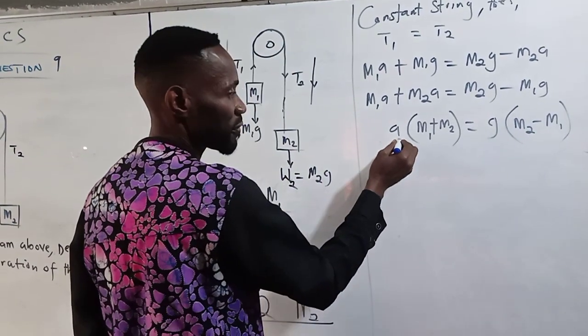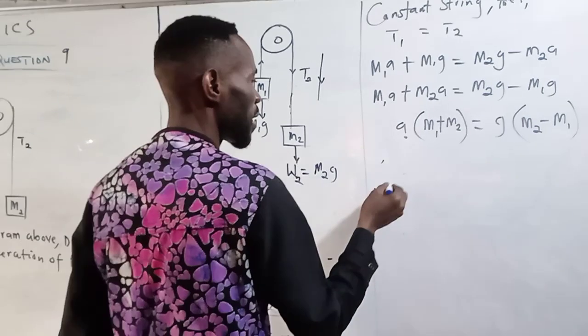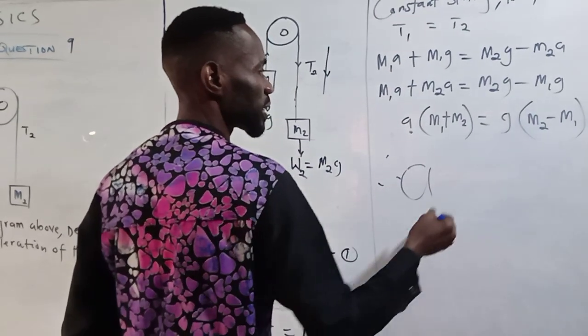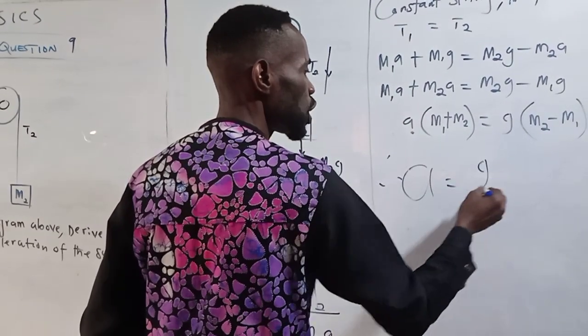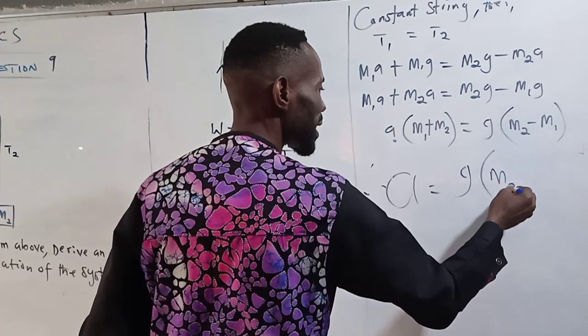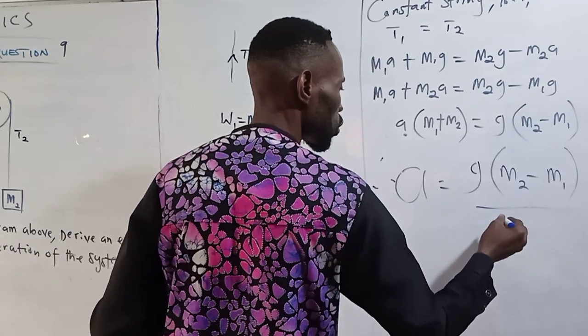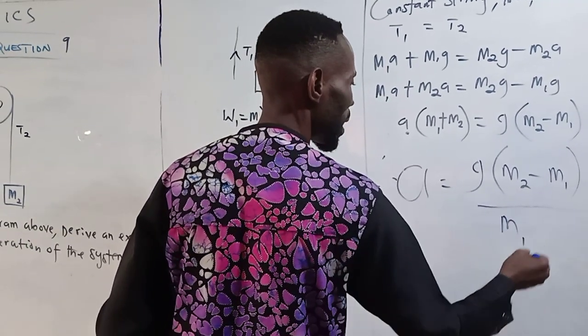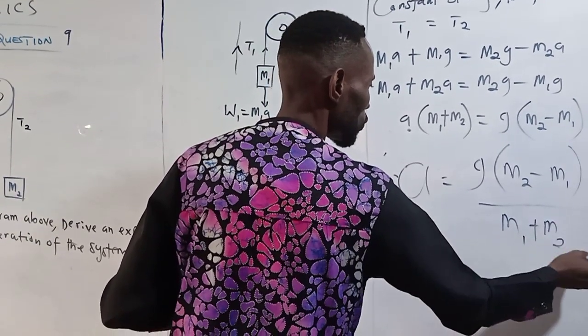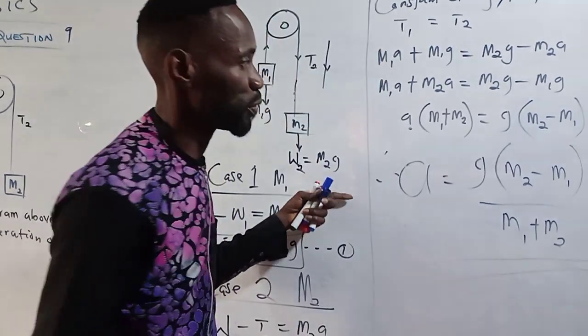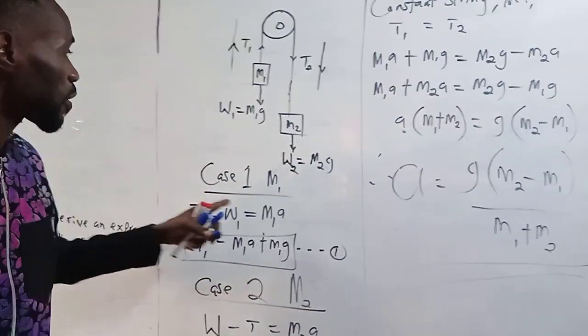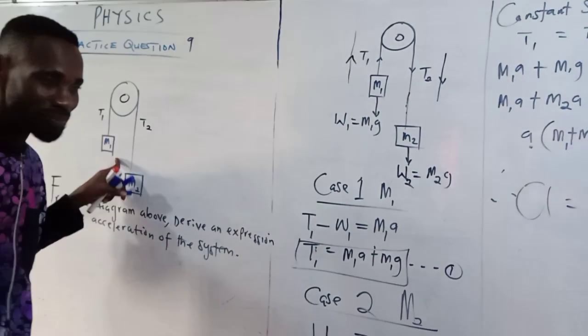This is our area of emphasis, the acceleration. So therefore, the acceleration of the system will be equal to G into the bigger mass M2 minus the smaller mass M1, divided by the summation of the masses M1 plus M2. This gives the expression for the acceleration of this system.